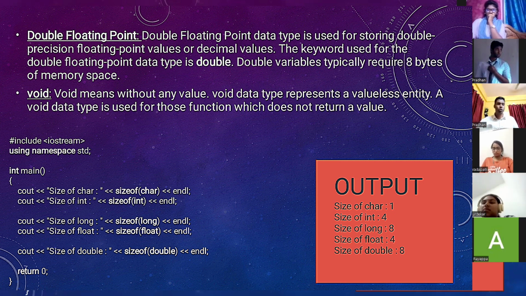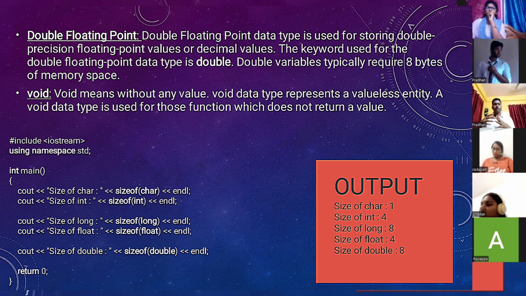It's doubling the storage capacity. So 3.14 and so on, the entire pi value may not be accommodated in an individual float. So we use double, so that we give more memory space, so that the huge data is stored in the double floating type. Then we talk about void.